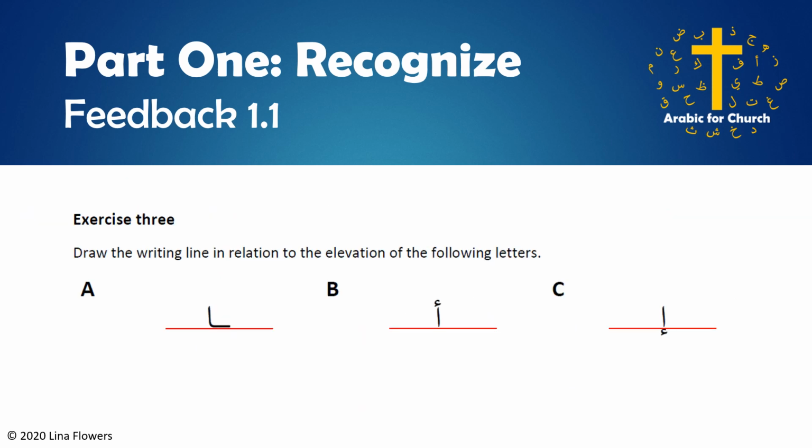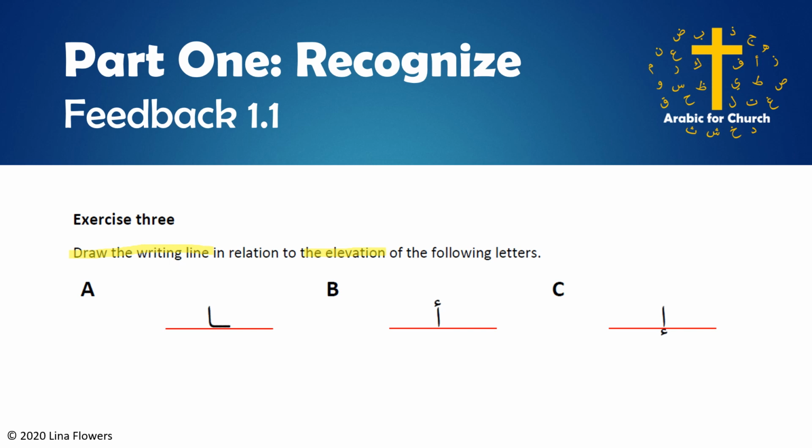In exercise 3, you have 3 letters, or in this case, 3 forms of the same letter, letter Aleph. And what you need to do is draw the writing line to show the elevation of the letters. And with elevation in this course, we're following a writing style called ruq'a.